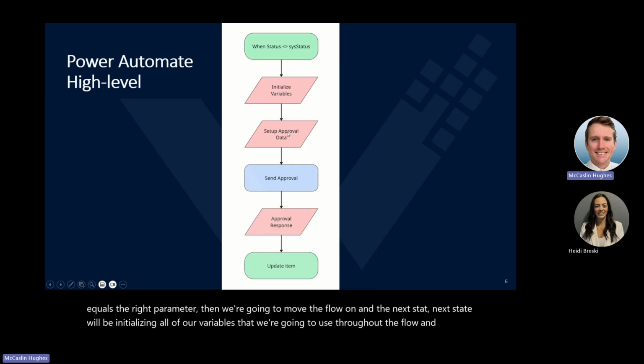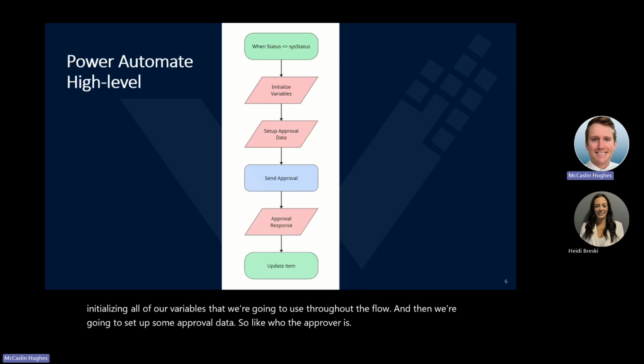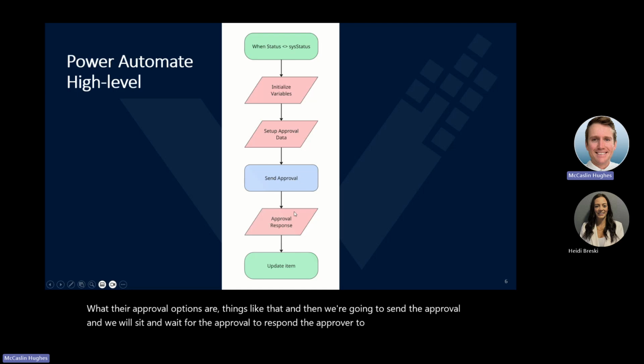And then we're going to set up some approval data, like who the approver is, what their approval options are, things like that. And then we're going to send the approval, and we will sit and wait for the approver to respond. Then we'll capture that response and determine what kind of update we want to make on the item.